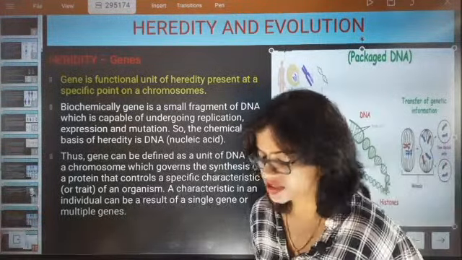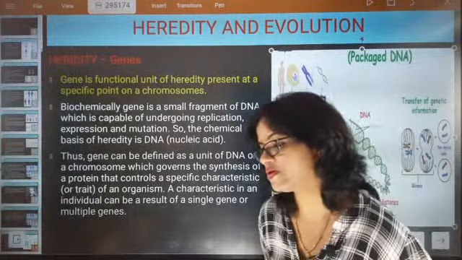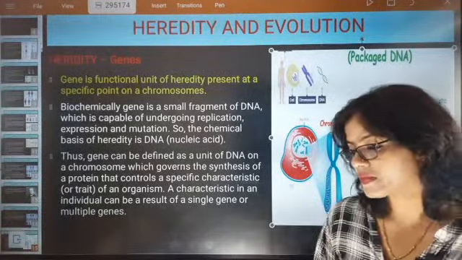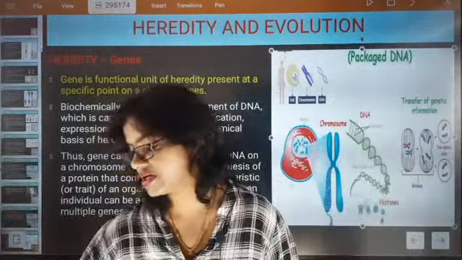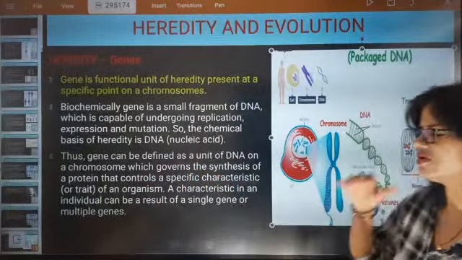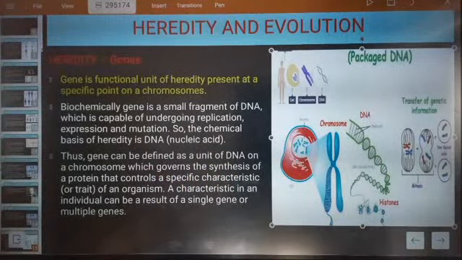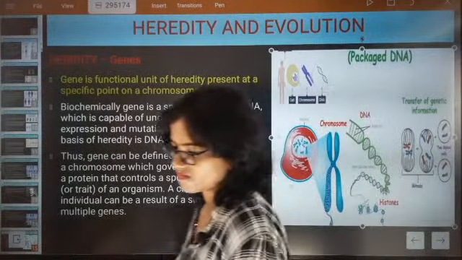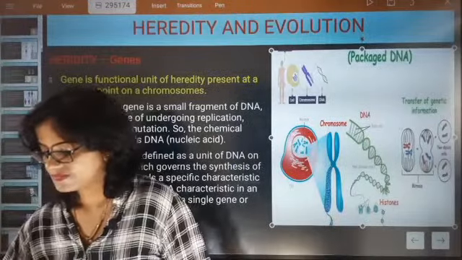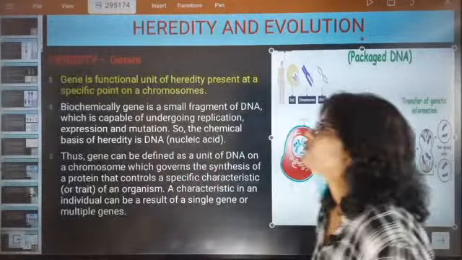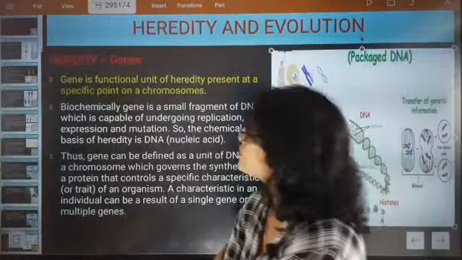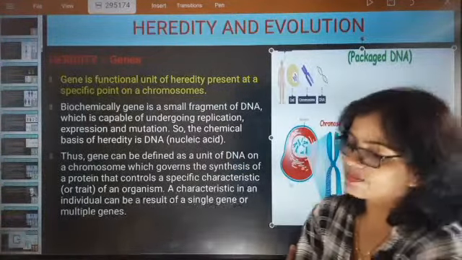What I said here is, biochemically, a gene is a small fragment of DNA.